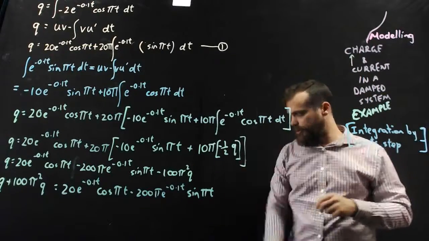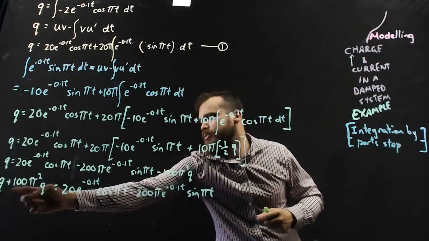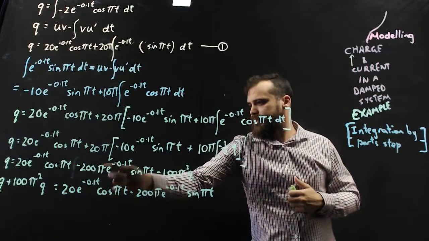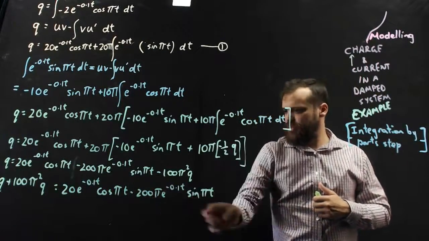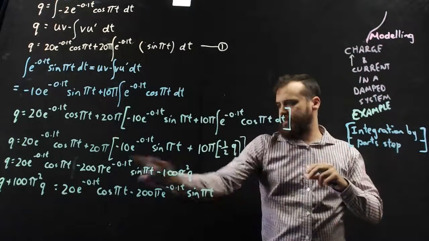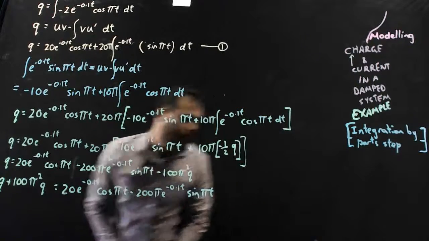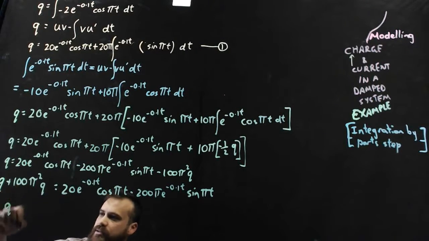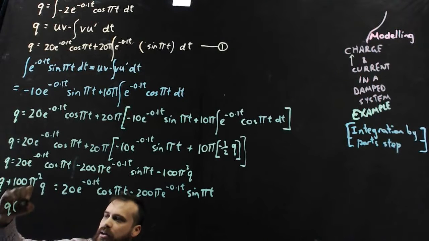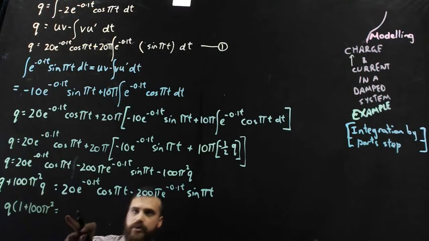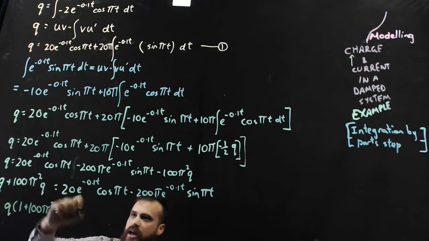Alright, so I've just got a little bit off screen here, but it says q plus 100 pi squared q equals 20 e to the negative 0.1 t cos pi t minus 2 sine pi t. All I've done is move that there so far. What we need is to take q out as a common factor. So q is going to be 1 plus 100 pi squared equals all of that.